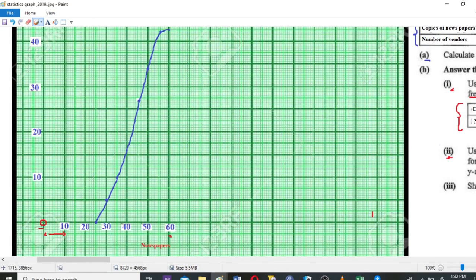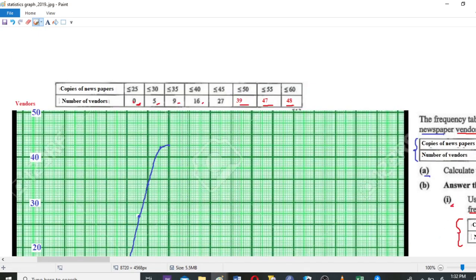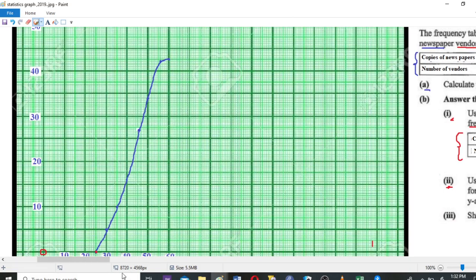So we're having a point here, that's 25, comma 0. Next we have 30, comma 5. So you have 30 here, comma 5 in the y-axis, which is just here, right?